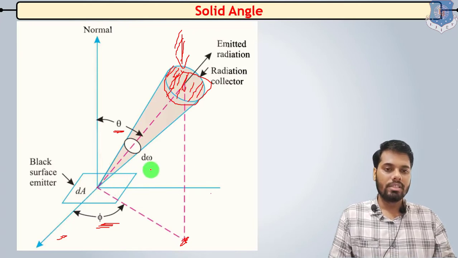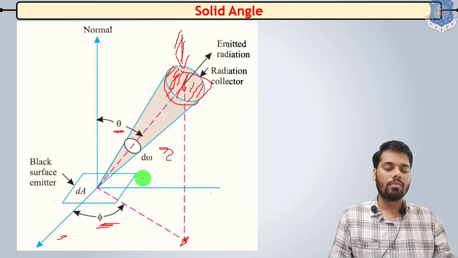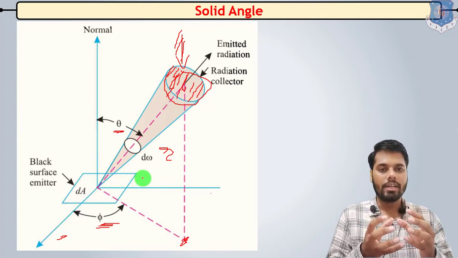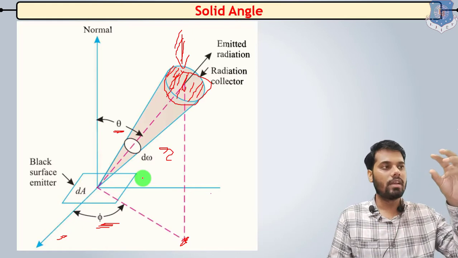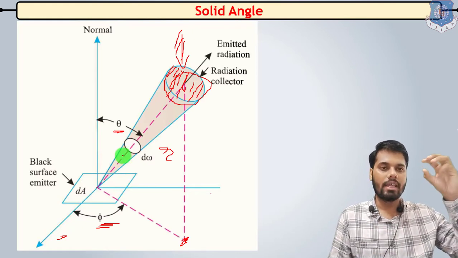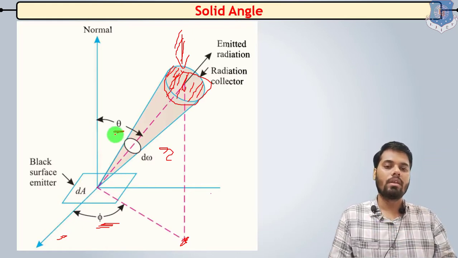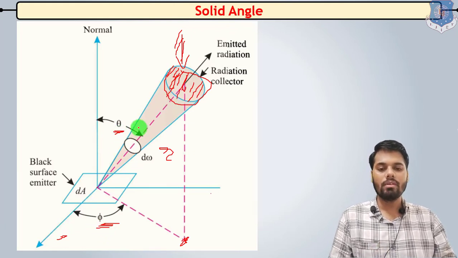The distance between this area and the center of the sphere is taken as r. So in spherical coordinates, to specify the location of any object or area, we require three space coordinates: theta, the zenith angle, phi, the azimuth angle, and r, the distance from the center of the sphere.